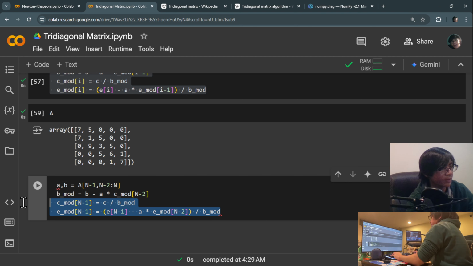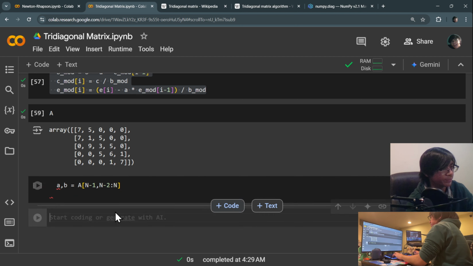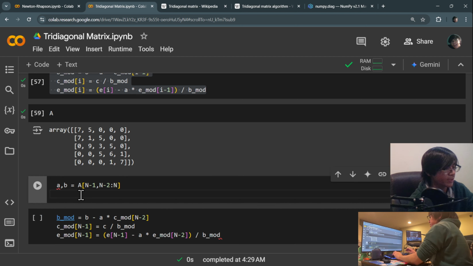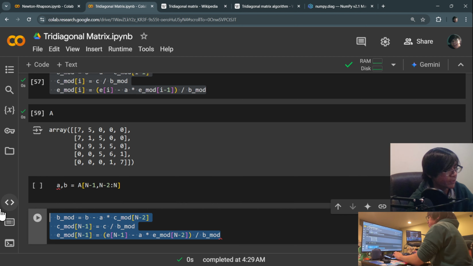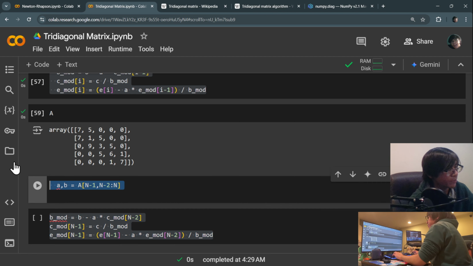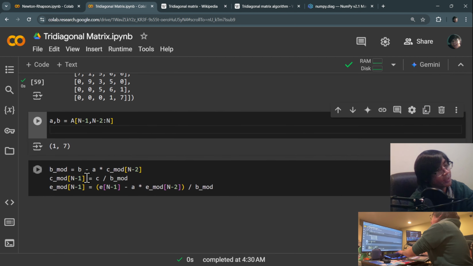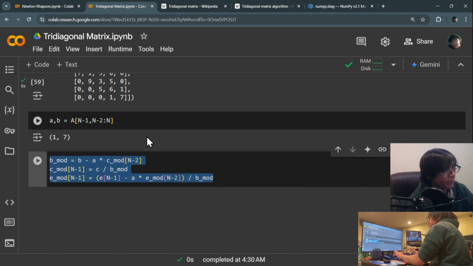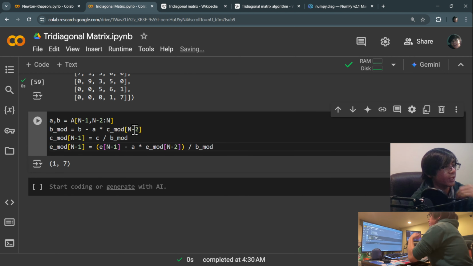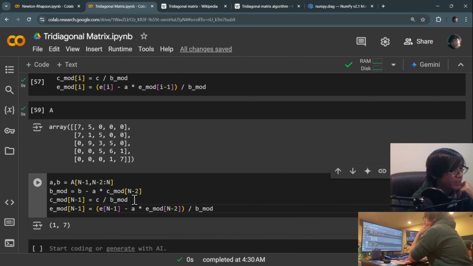So let me check that. Don't trust myself. Oh, we're still shifted over. So let's check A and B real quick. It should be 1 and 7. Beautiful. What else do we have? The modified value of B should be the same.